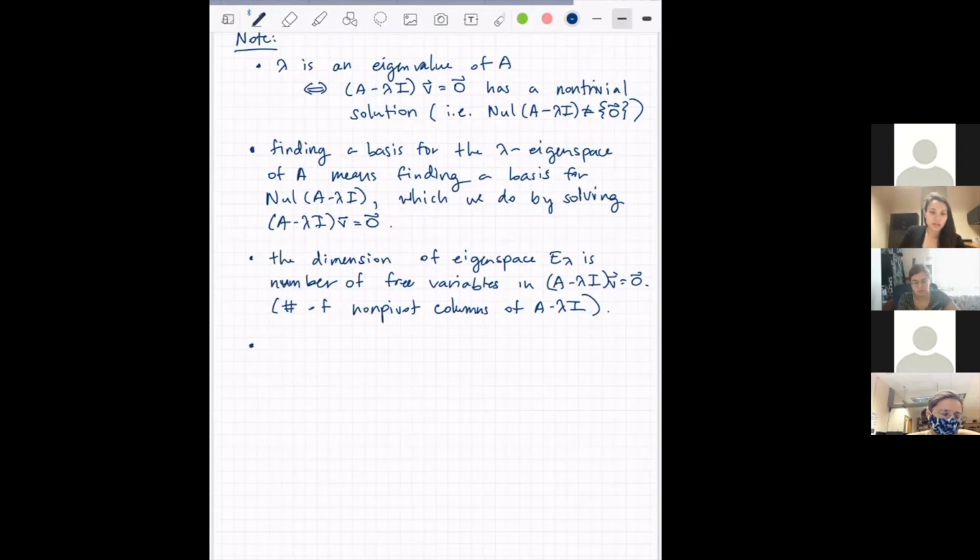Okay, and then finally, this equation, A minus lambda I times v equals 0, has a non-trivial solution, meaning that it corresponds to an eigenvalue. This has a non-trivial solution if and only if A minus lambda I is not invertible, right?